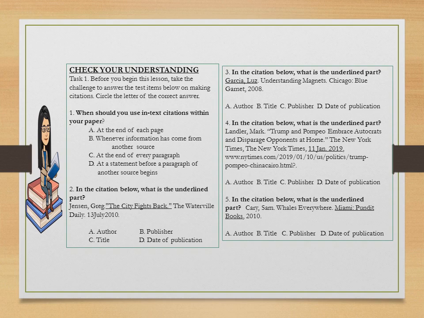Number 4. In the citation below, what is the underlined part? A. Author. B. Title. C. Publisher. D. Date of publication. And in number 5, in the citation below, what is the underlined part? A. Author. B. Title. C. Publisher. D. Date of publication.